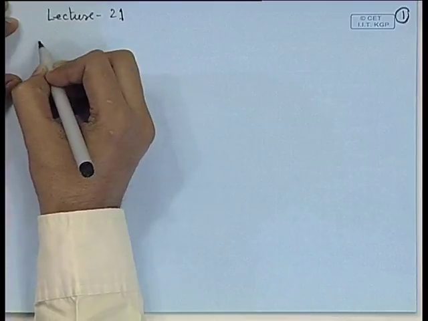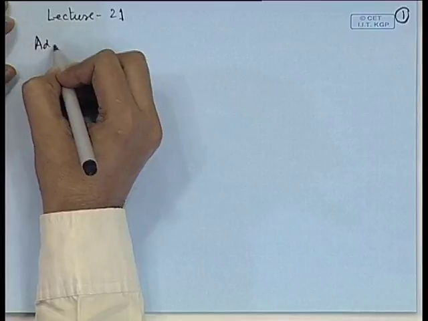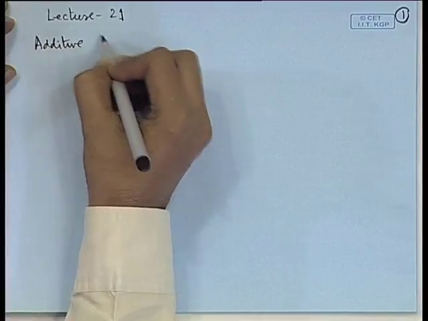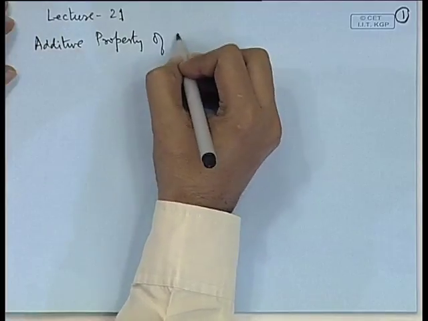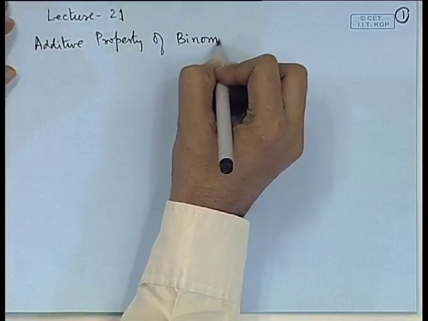This last result is extremely useful in determining or deriving the distributions of sums of random variables. Let me illustrate by proving additive properties of certain distributions. Firstly, let us prove the additive property of binomial distributions.